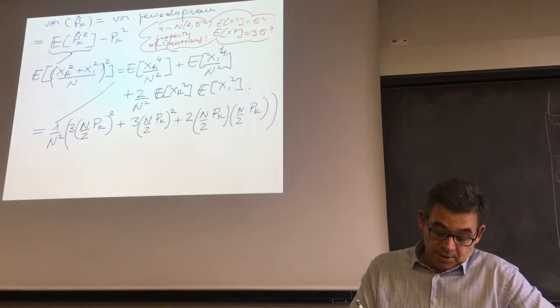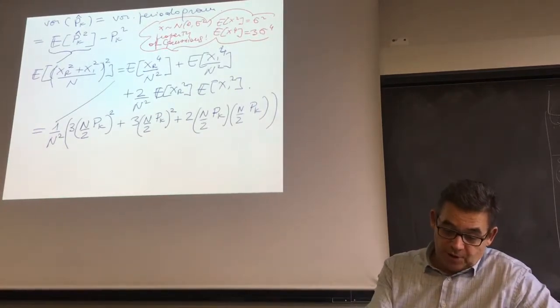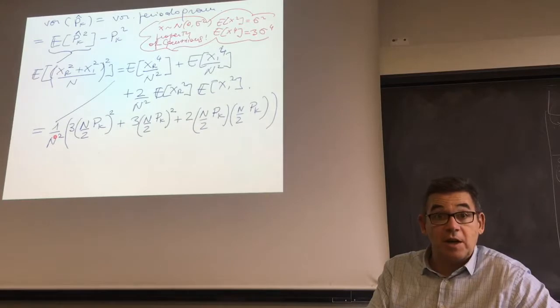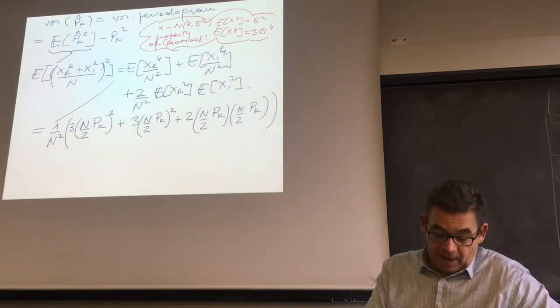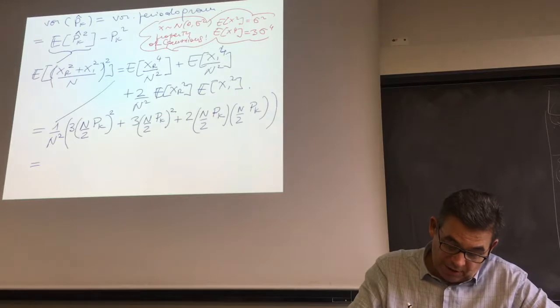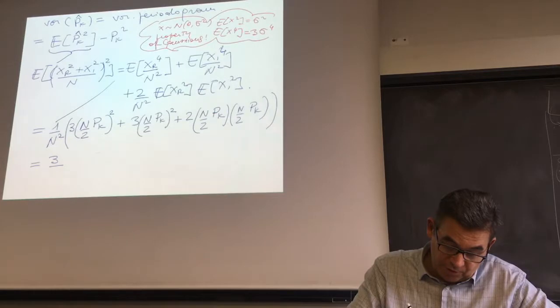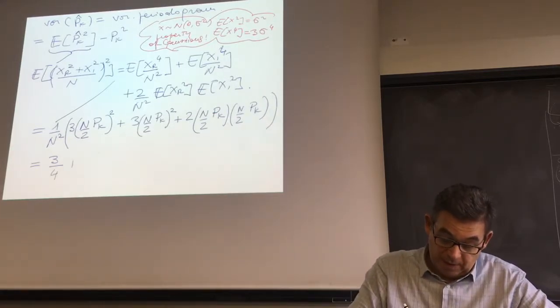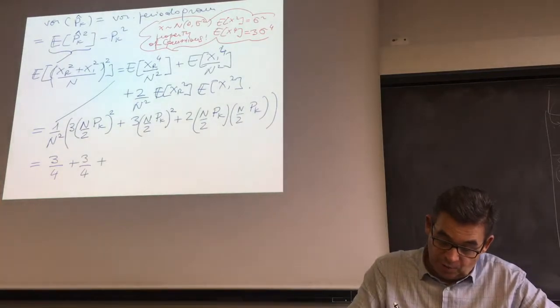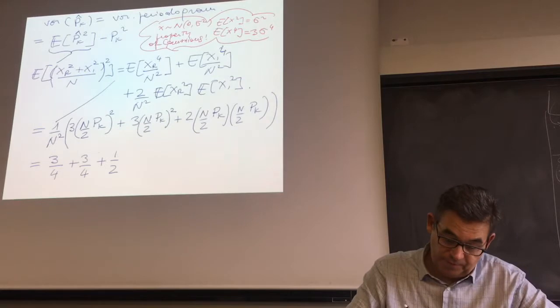When I group, I have n squared here, so they simplify. Then I have pk squared, they simplify. They can be grouped. So I have 3 times 1 over 4, plus 3 times 1 over 4, plus 2 times 1 over 4, so it is 1 half.